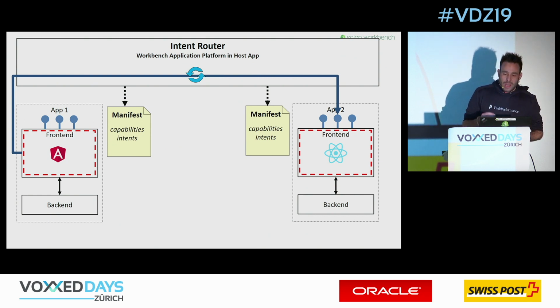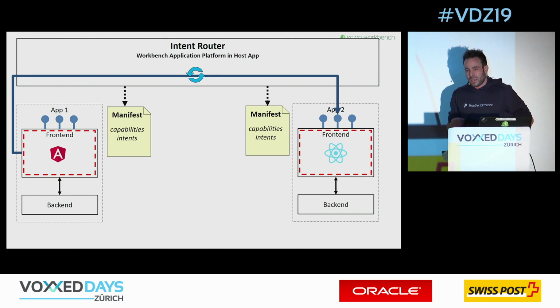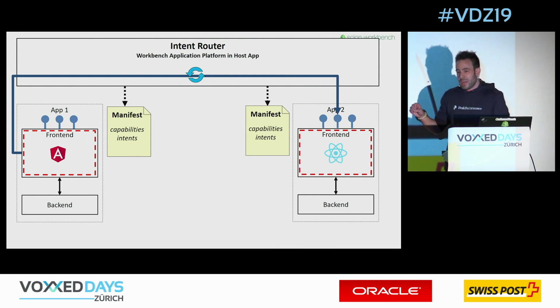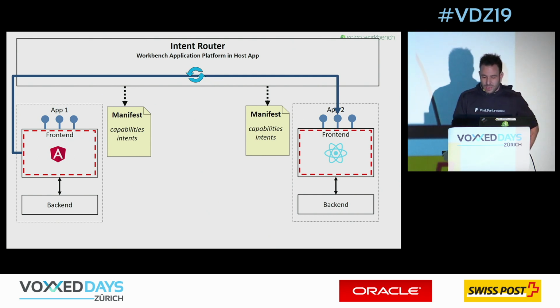So if application A intends to do something, the host application knows which other application provides a capability and redirects the intent to the respective application and invokes its entry point. That's the big picture of the Workbench application platform.